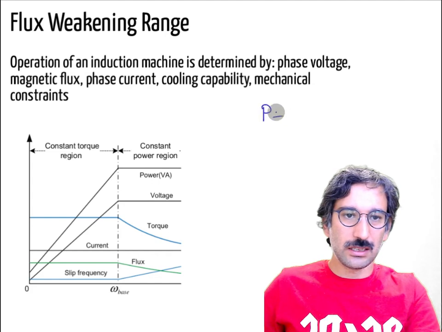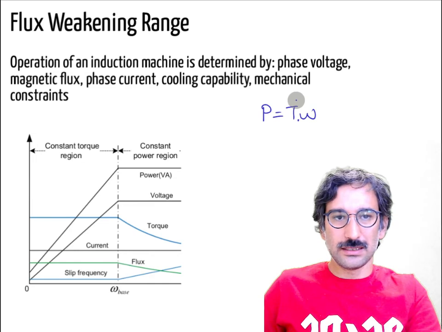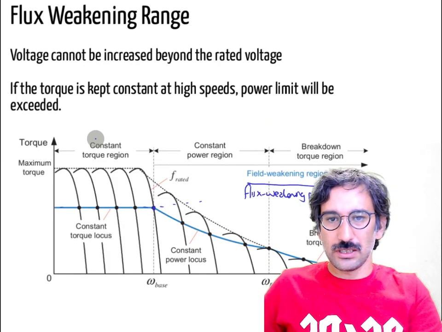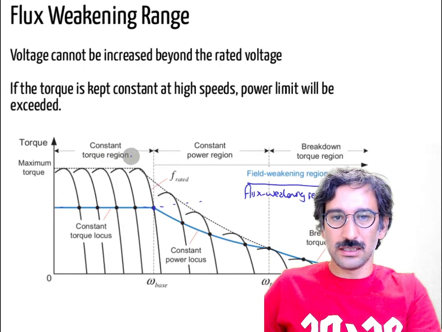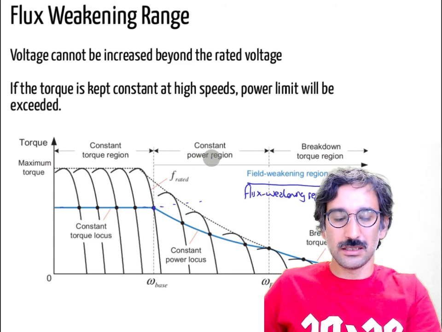And actually, if you have a look at that range, let me write here: power is equal to torque times omega, right? So the first region is called the constant torque region, and the second region is called the constant power region.